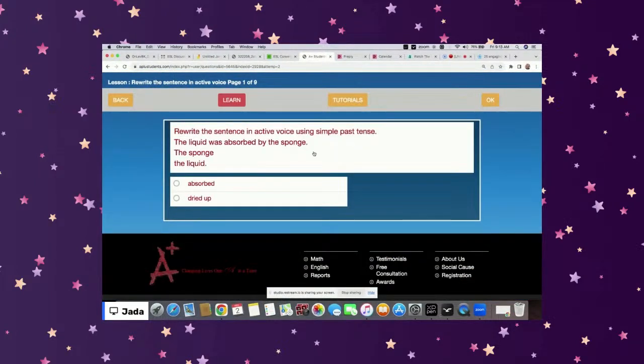Now, rewrite the sentence in active voice using past tense. The liquid was absorbed by the sponge. Okay? What are you going to change? Absorbed. Rewrite the sentence in active voice. So, the sponge absorbed the liquid.